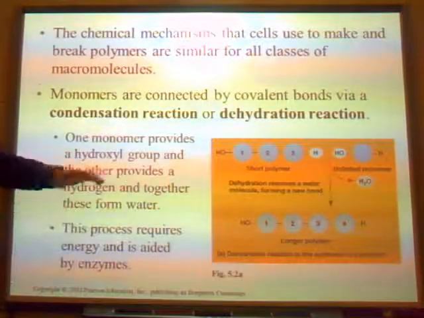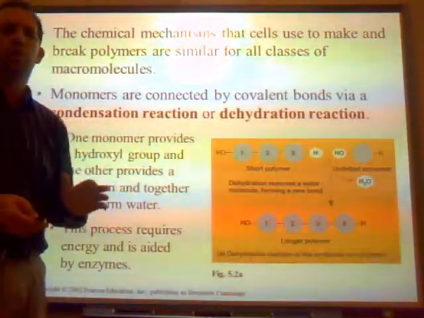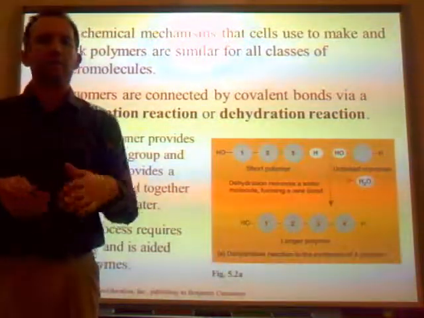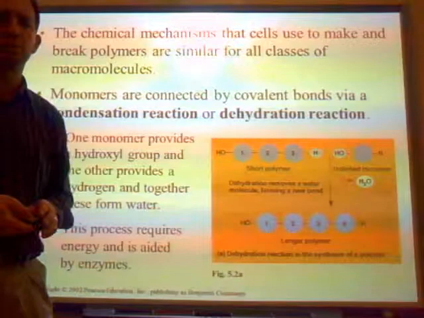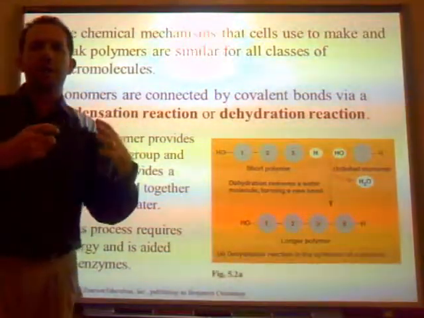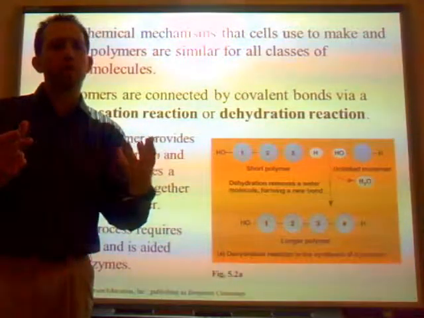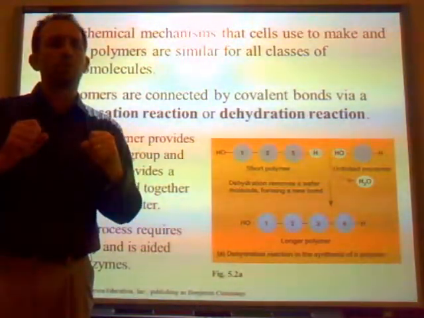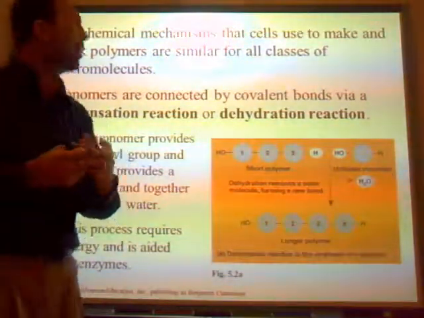Now before we can get into a discussion of the individual macromolecules that we have, we need to understand a little bit of how these things are going to actually form. And so keep in mind that we have this concept, this idea of monomers. Now monomers are small molecules that are actually going to build into larger molecules.